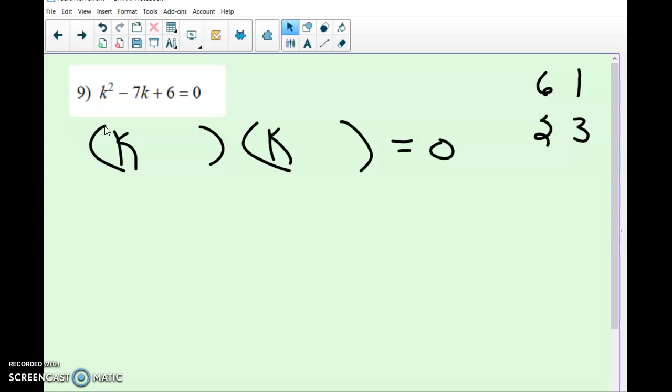Any questions? No, you're right though. The constant term is positive, so I know that both signs within here are alike. But my middle term is negative. So what do you think these signs have to be? You're right, negative.